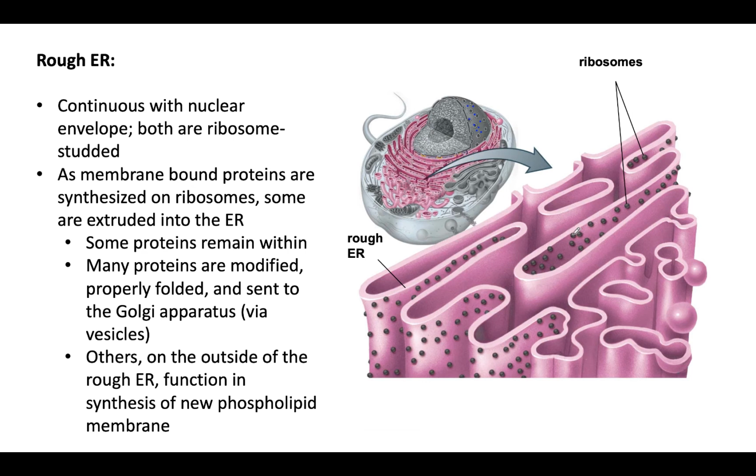Some of those proteins just stay inside the lumen of ER, but most of them are secreted to an organelle named Golgi apparatus. Once protein is synthesized in a ribosome, it can be modified, properly folded, then sent to the Golgi apparatus.